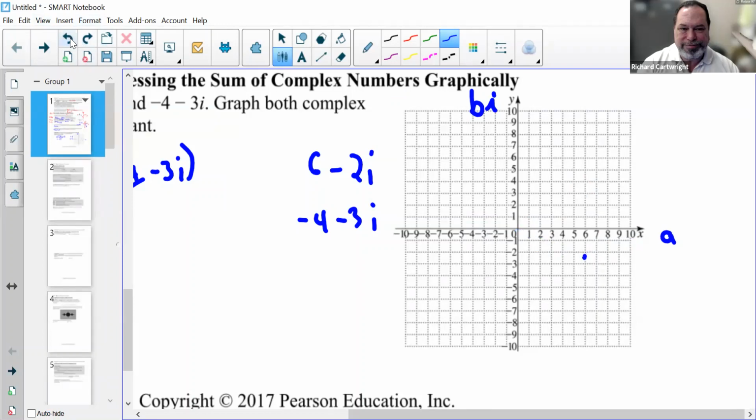Let me move that dot a little better. Okay, that's good enough. So there's my origin. You can put an arrow if you wish, but we know it went to 6 minus 2i.